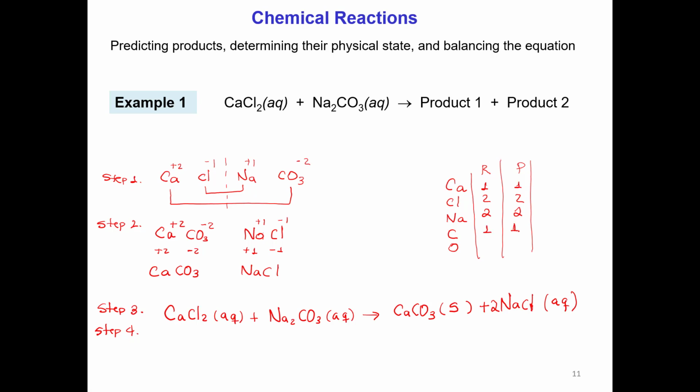Now let's see oxygen. We have 3 oxygens here and 3 oxygens here. This is the balanced equation when calcium chloride reacts with sodium carbonate.